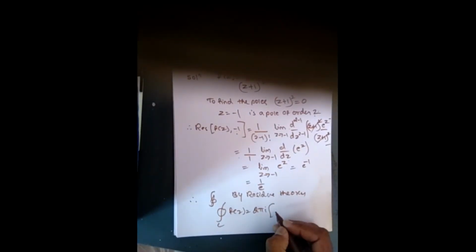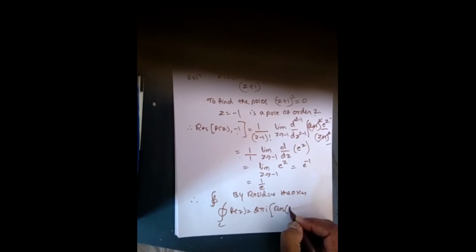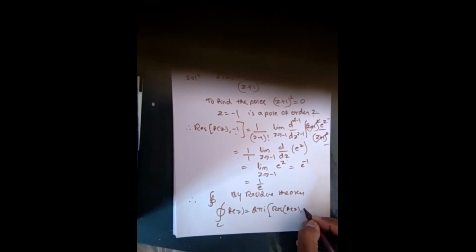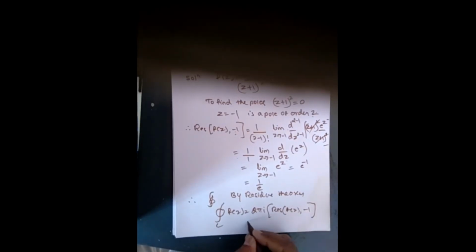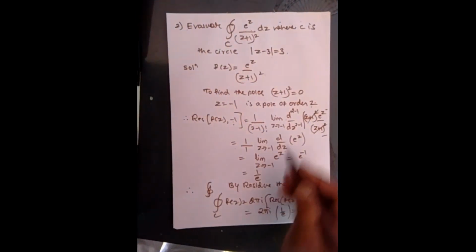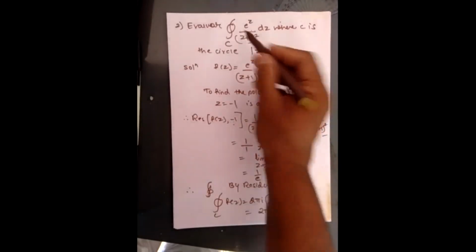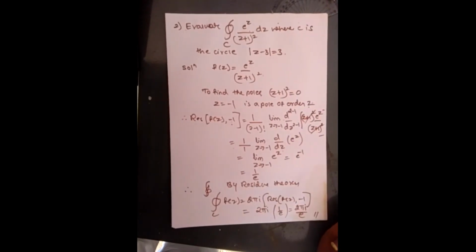There exists only one pole, so we write only one residue: 2 pi i into the residue of f(z) at z equal to minus 1, which is 1 by e, so it is equal to 2 pi i divided by e. So this is the answer. This is how to calculate the contour integration. Thank you.